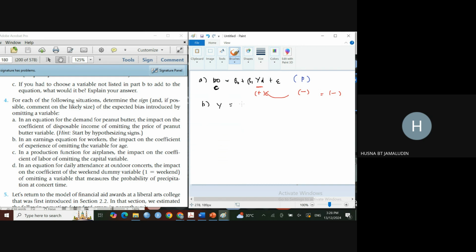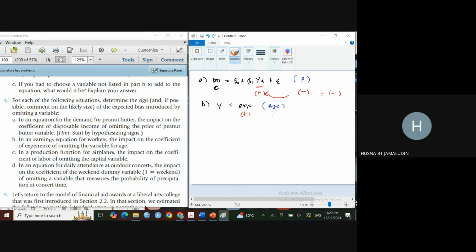The coefficient of experience, experience. Okay, what is your omitted one? The omitted one is actually age. So tell me, what is the sign of experience on earning? Positive. Of course, when you have more experience, we assume that you will have more earning, more income.